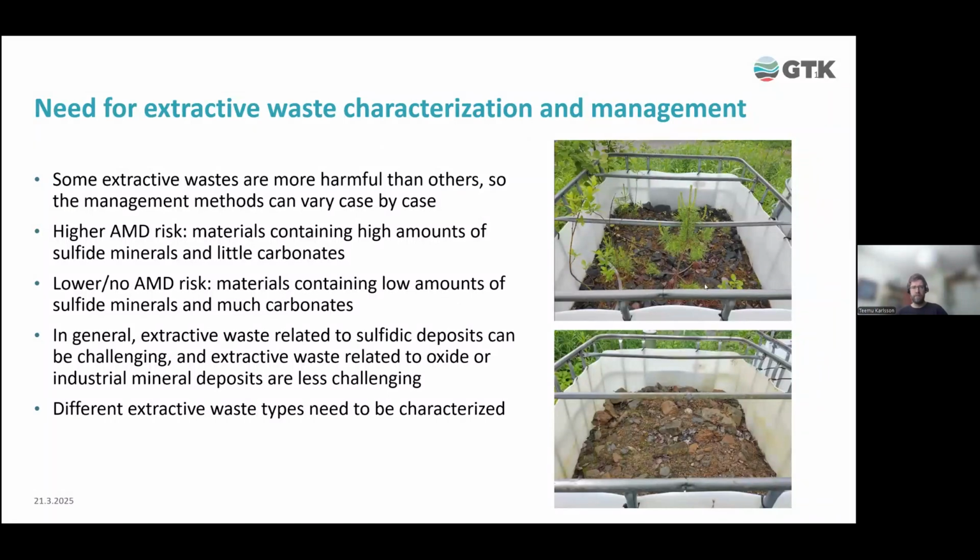So some extractive wastes are more harmful than others. So the management methods can also vary case by case.